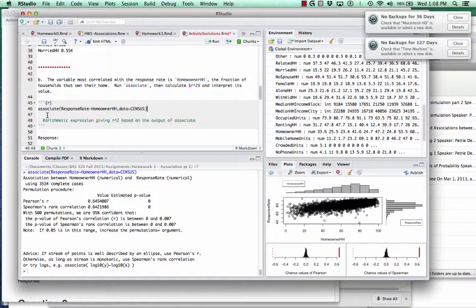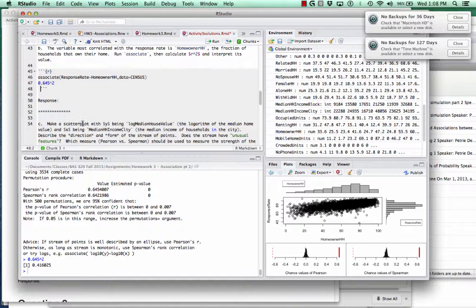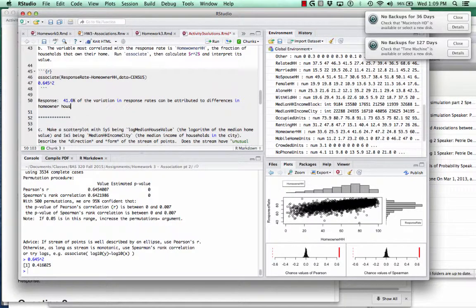So to get r squared, all I got to do is square that, so 0.645 quantity squared, and that evaluates to 41.6. So the way I interpret this is I can convert that into a percentage, and I say 41% of the variation in y values, being response rate, so in response rates, can be attributed to differences in homeowner households.